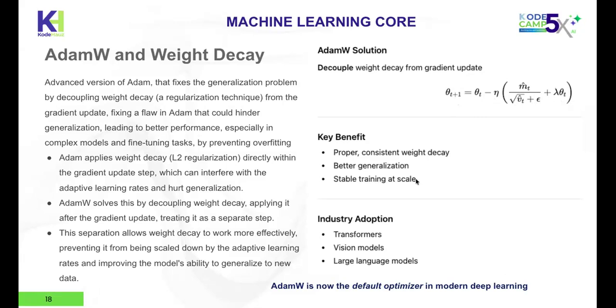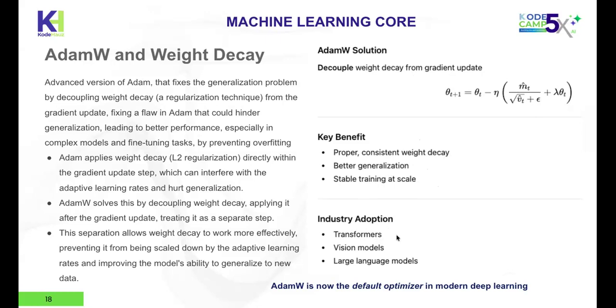So lambda is the constant that determines the weight decay basically, but everything else is the same as what we have with Adam. The key benefit: you have more consistent weight decay, better generalization, and stable training at scale.